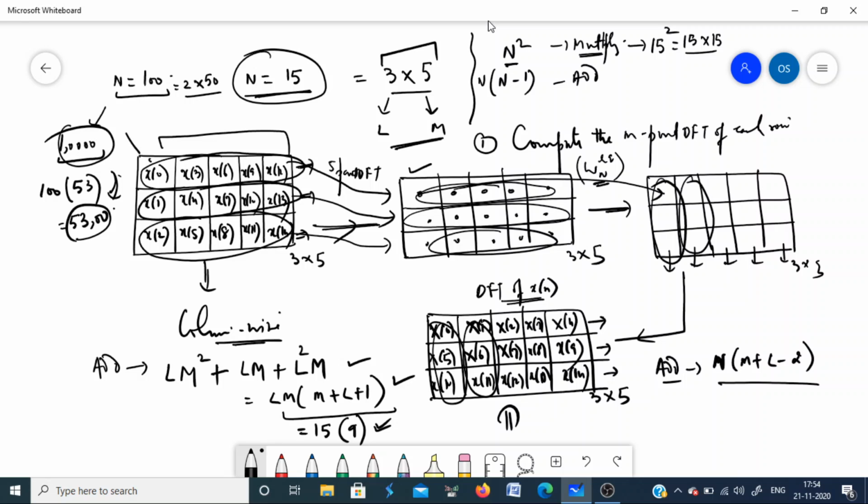So next we will see the case when N is a power of 2 only, when N can be expressed as 2 raised to power r, that is 2, 4, 8, 16, 32 and so on. We have a still more efficient algorithm to compute the DFT, which becomes very symmetrical, called the Radix-2 FFT algorithm. So that we will discuss in the next class.